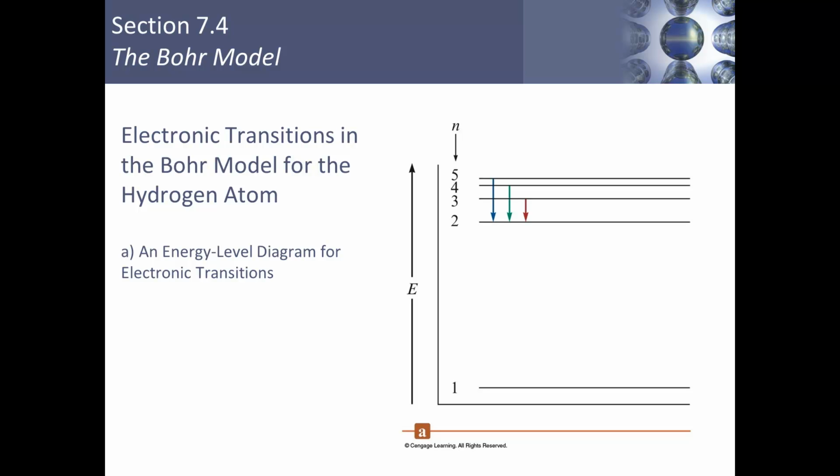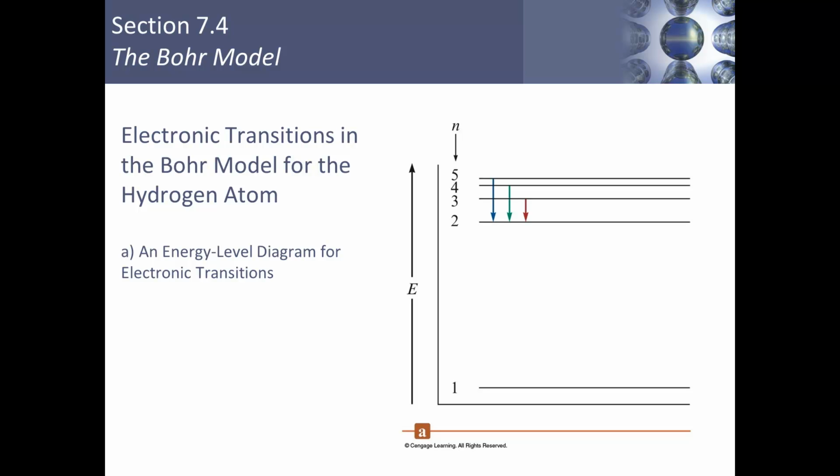Here is an energy level diagram typical for electronic transitions. We can see the n equals 1 ground state at the bottom of our energy level diagram, and excited states n equals 2, 3, 4, and 5 above at higher energy than n equals 1.